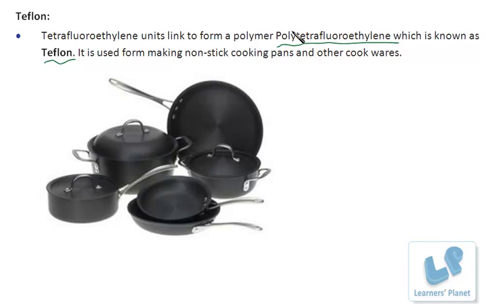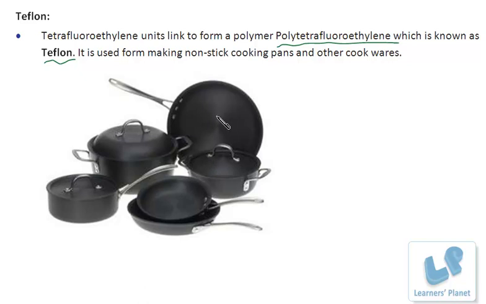Teflon is actually a brand name for polytetrafluoroethylene, formed by linking units of tetrafluoroethylene, and it is also known as Teflon. So this Teflon coating is used for making non-stick cooking pans and cookware. You must have seen this at your home.